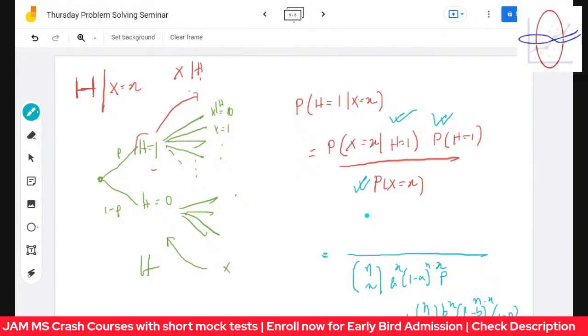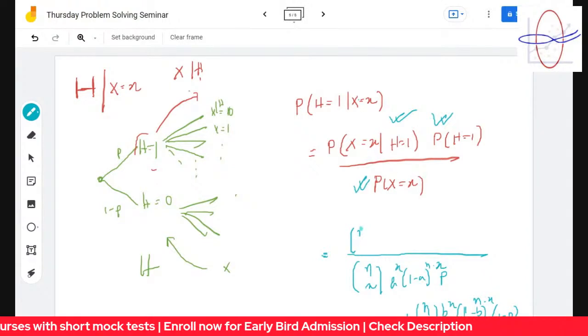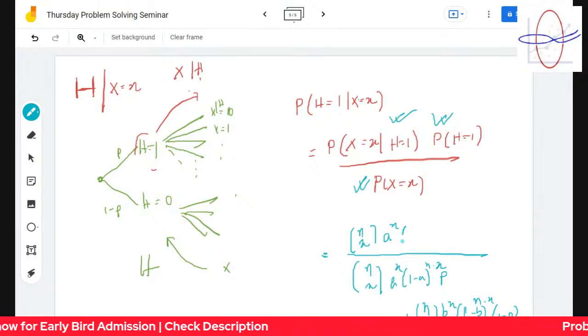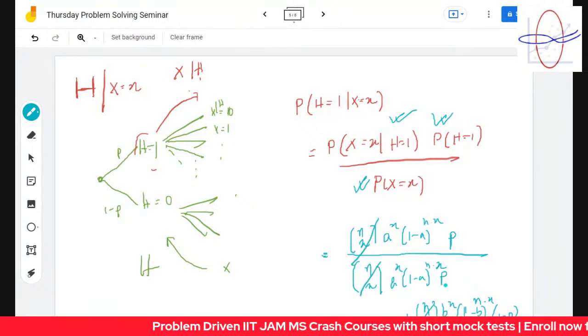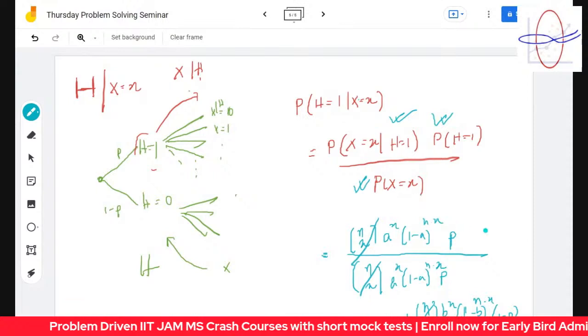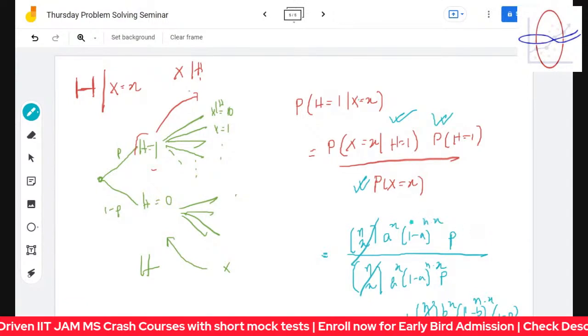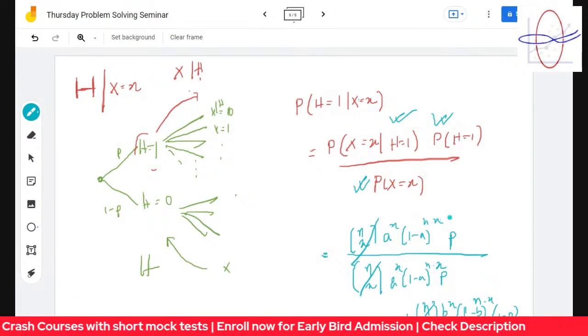And on top, this follows binomial, so it's n choose x, a to the power x, 1 minus a whole to the power n minus x, into p. So you can cancel out this n choose x. That's one way of doing it, and you can find the general result. X is a constant over here. Similarly, you can do the other case for h is equal to 0.